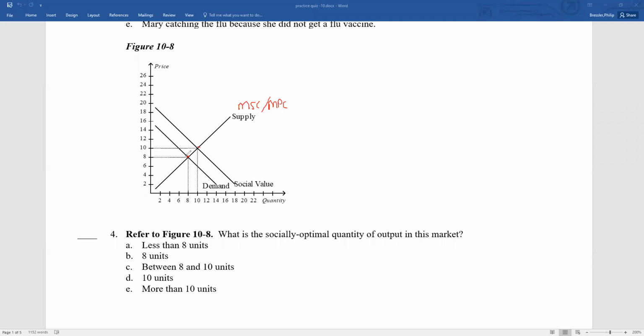They could ask you the price, which is 8. They could ask you the price of the optimal, which is 10. They could ask you the external benefit if you just draw that line up. And that looks like 4. 12 minus 8 is 4. So those are the type of questions I think they could ask you off this graph.